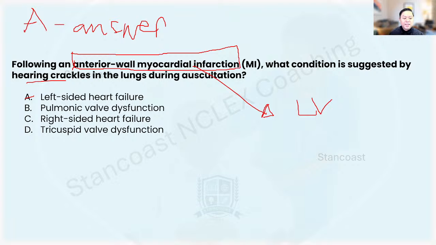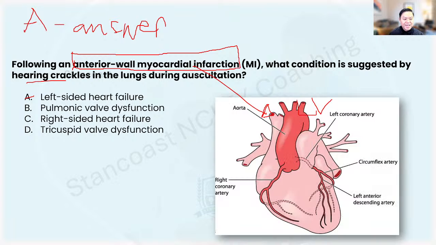And so let's take a look here. Yeah, so here we go. When we have an anterior wall MI, basically the affected coronary artery is mostly going to be the left anterior descending artery, okay?